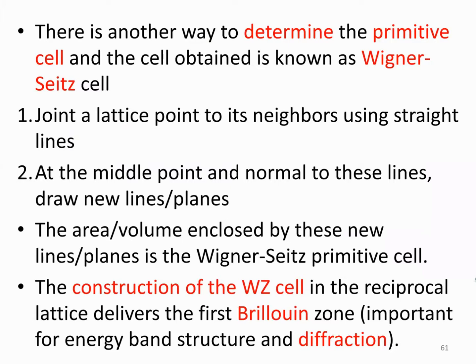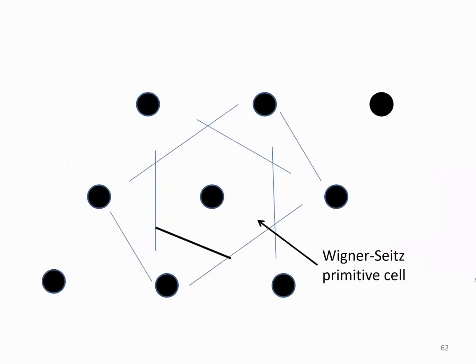Next, the area (2D) or volume (3D) enclosed by this new line (2D) or plane (3D) is the Wigner-Seitz primitive cell. So the construction of the Wigner-Seitz cell in the reciprocal lattice gives the first Brillouin zone, which is important for the energy band structure and diffraction. Okay, this is how we draw it.